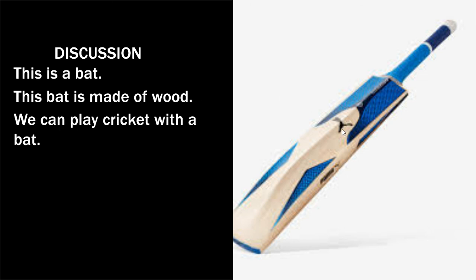So this is the point of discussion related to letter B. In the same way, parents, you can introduce different objects to your child related to letter B and discuss them. Suppose you pick a ball in your hand and ask your child, what is this? This is a ball. Then you can ask, do you want to play with the ball? You can even ask the color of the ball.